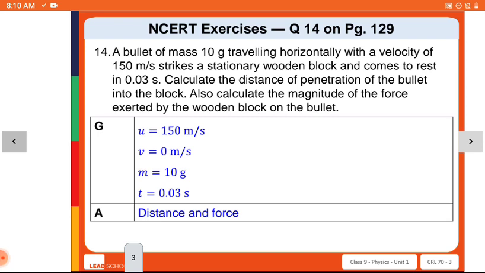Calculate the distance of penetration of the bullet into the block. Also calculate the magnitude of the force exerted by the wooden block.